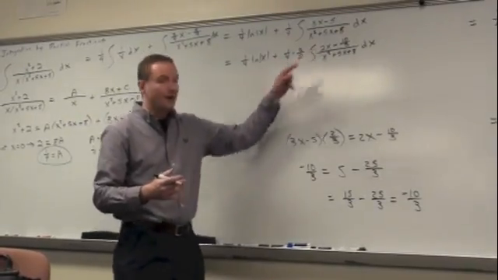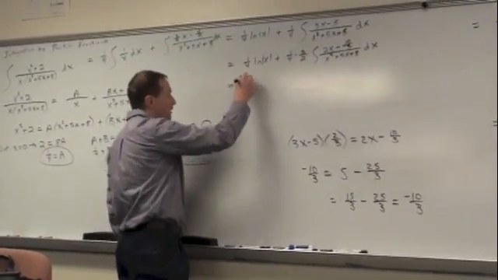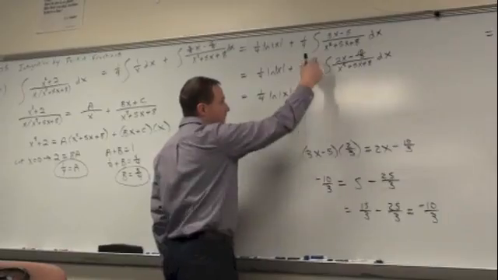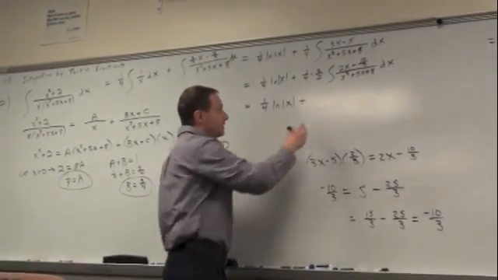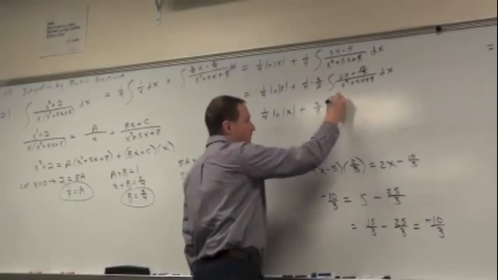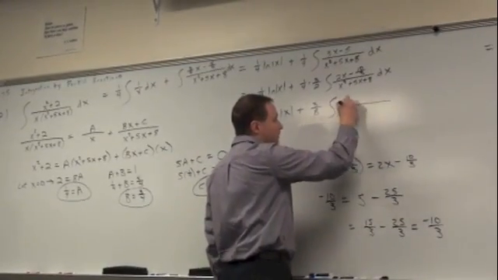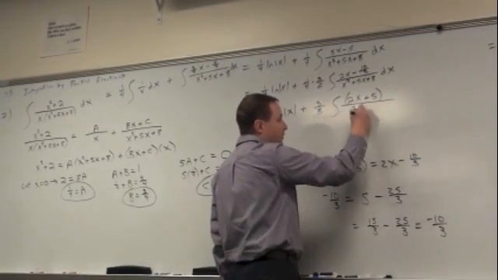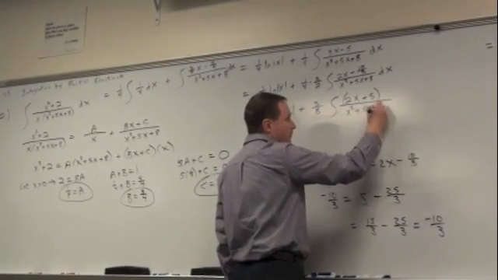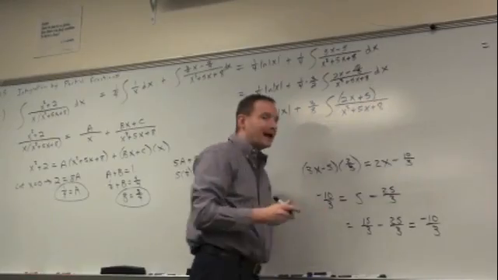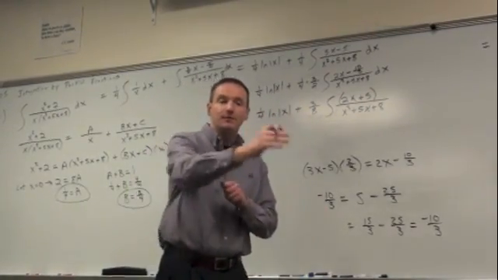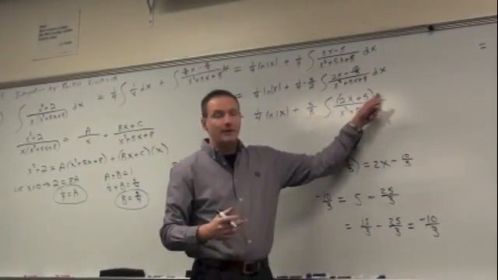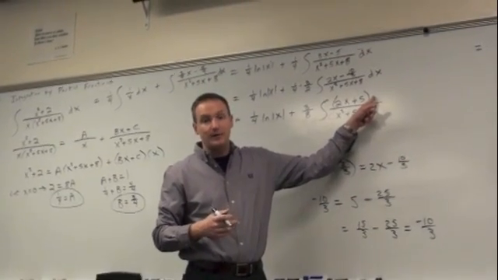So I go into my problem now, and I'll say, okay, 1/4 natural log of x plus, this is going to give us 3/8, the integral, 2x plus 5 over x squared plus 5x plus 8. And I'm going to go ahead and put this other term in a separate integral. I could in this step say minus 25/3 up there, but I know I'm just going to separate it anyway.